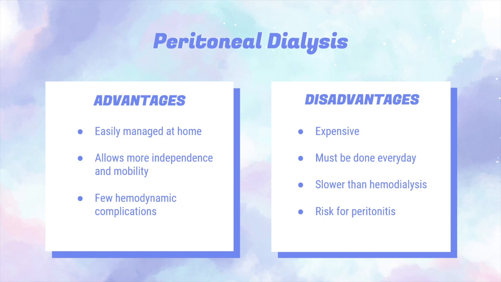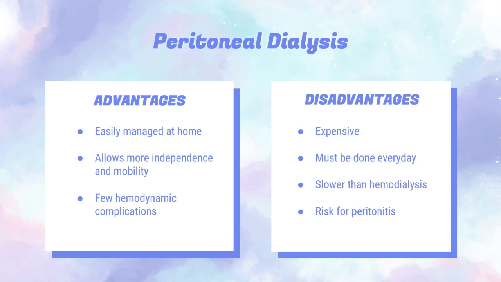For the advantages of peritoneal dialysis, first, it is easily managed at home because you don't need to go to a hospital or a dialysis center, as the procedure merely requires you to do simple steps of connecting or disconnecting the dialysis solution bag into the catheter and drain the solution once it is done.